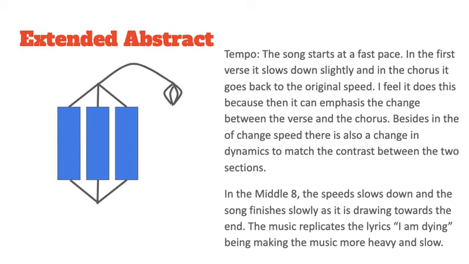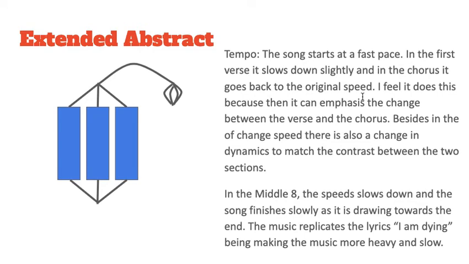Of course, this is a fictional piece. This is not a real piece. I just made this up. But basically what I'm trying to demonstrate to you is what an extended abstract answer looks like. I've given the multi-structural, which is the speed. I've given the relational, which is where it is. And then the extended abstract is why I think that this is happening in this piece of music.